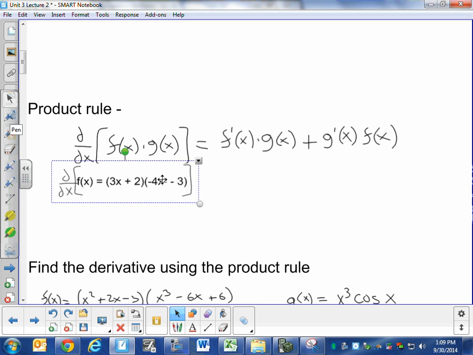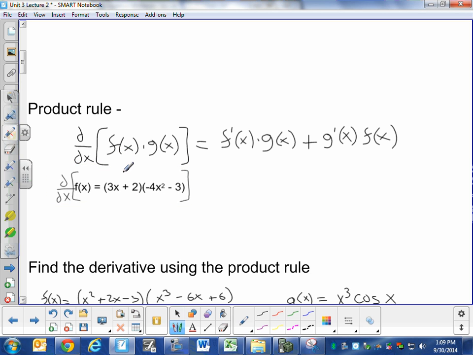It's very obvious to see which one would be considered my f function and which one would be considered my g function. For others, it might not be so obvious, but for this one, it is. So all I do is take the derivative of my f, which is 3. This is my f prime. Multiply it by g. And I add the derivative of my g, which is negative 8x, and multiply that by f.